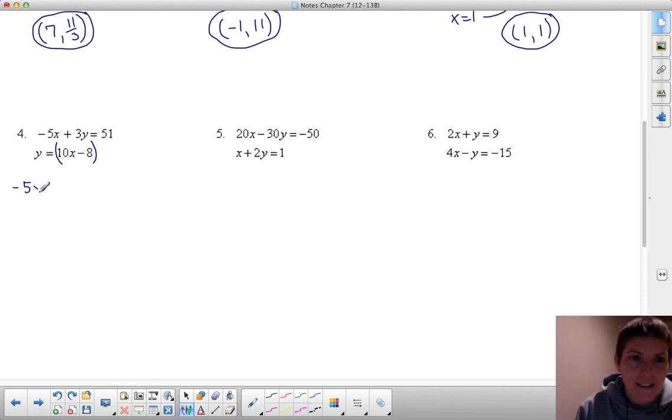Negative 5x plus 3 times y comes out and the quantity goes in. 10x minus 8 is equal to 51. This one definitely has a distributive property.